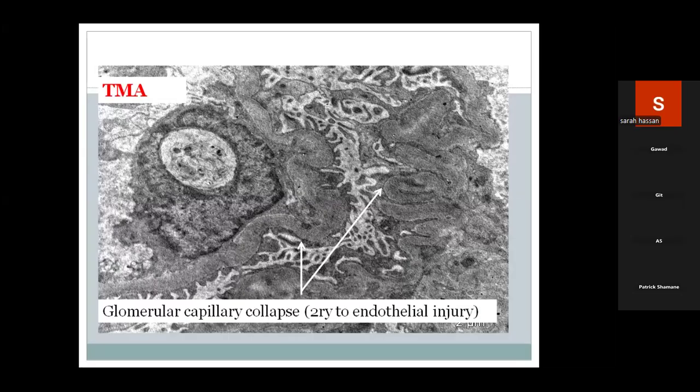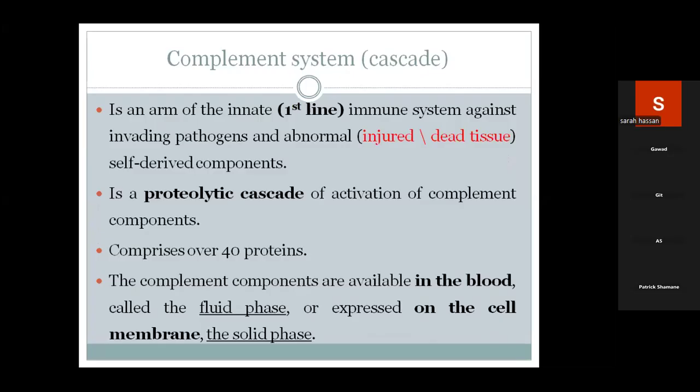It is a proteolytic cascade of 40 proteins. It is present in the blood, and that's the fluid phase, or expressed on the cell membrane, and that's the solid phase. So it's a proteolytic cascade: one component with proteolysis or proteases causes activation of another component, one after the other.